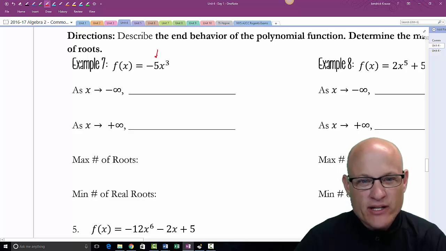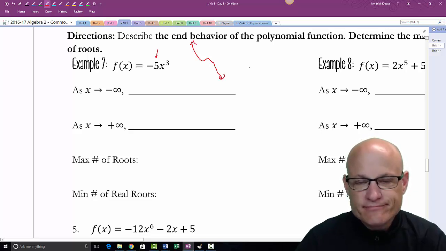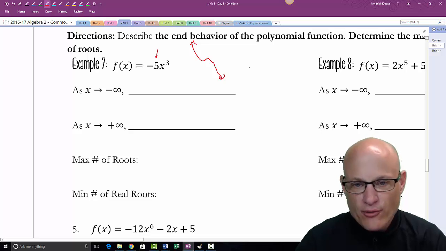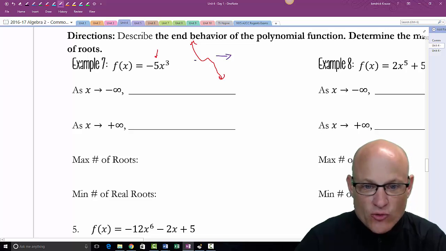So when it's negative, it's coming down. I'll put a little bump in it just to make sure, so that's a cubic function coming down. So think about it this way: as x goes to the right, positive, and this first one is negative. As x goes to the left, y is going up.